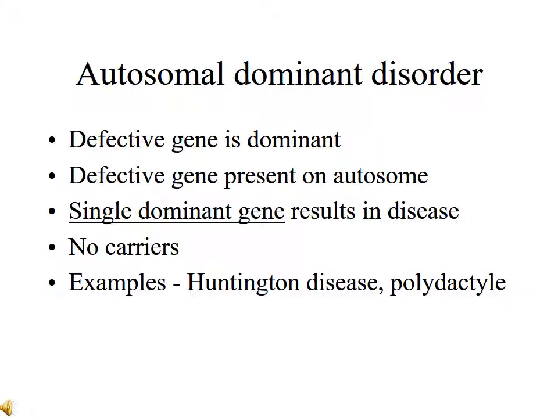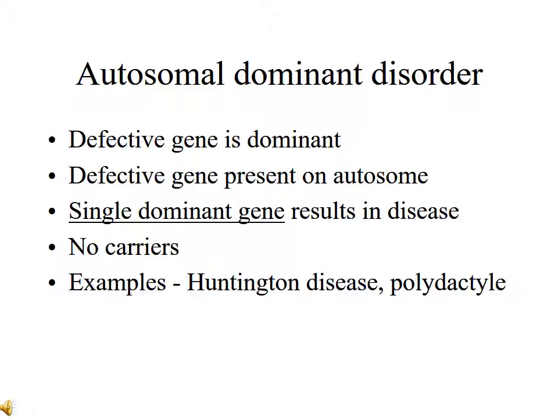Now we go, again, we're looking at autosomes. Autosomal dominant disorders. Here we're looking at a defective gene that is dominant. The defective gene will always be present in autosomes, as we said, and a single dominant gene results in disease.